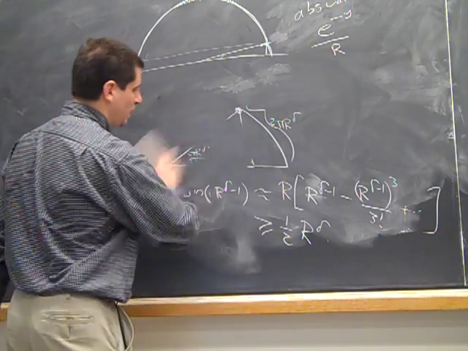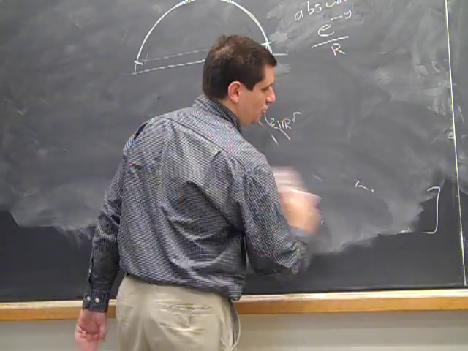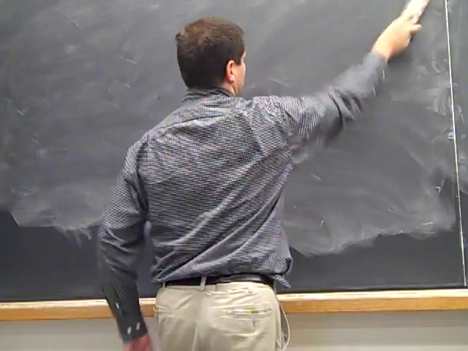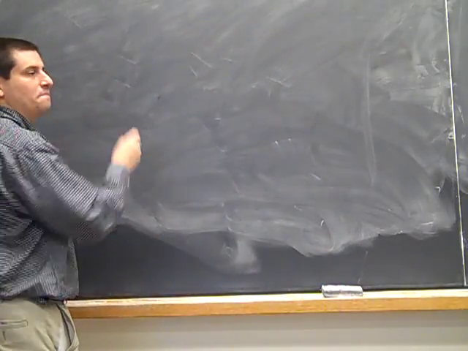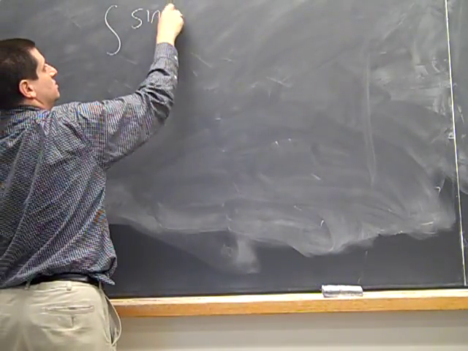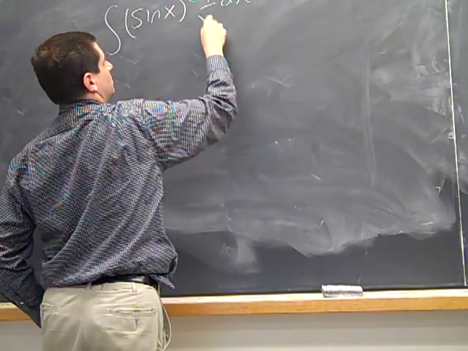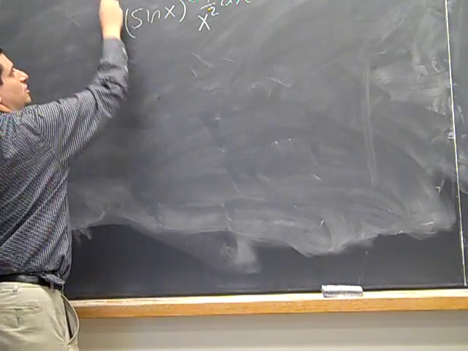So I'm going to just show you a quick calculation. What's the other problem we haven't considered today? Sine squared x over x squared.